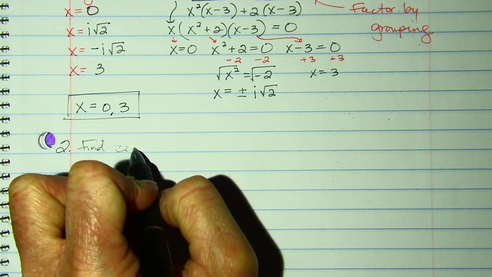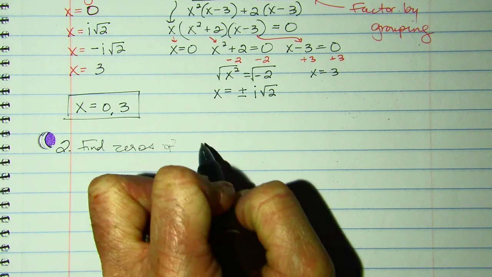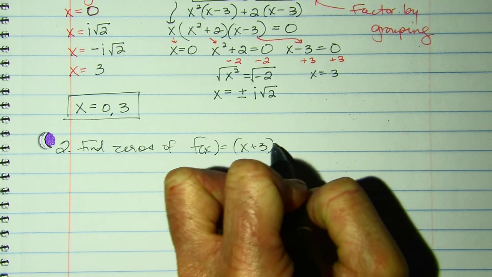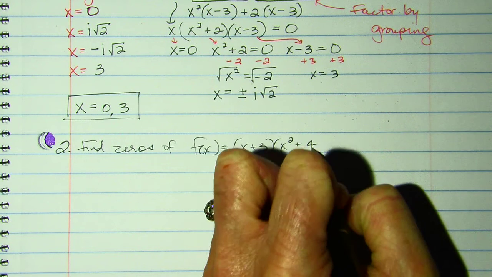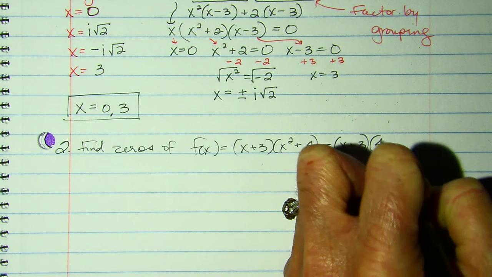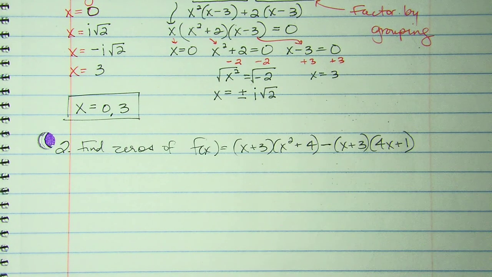Find the zeros of f of x equals x plus 3 times x squared plus 4, minus x plus 3 times 4x plus 1.